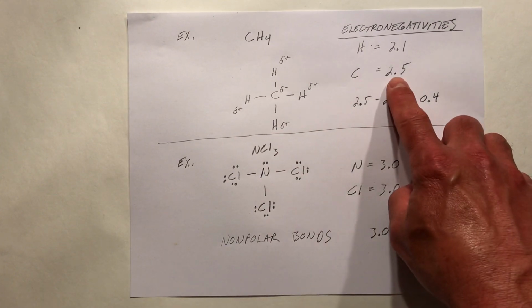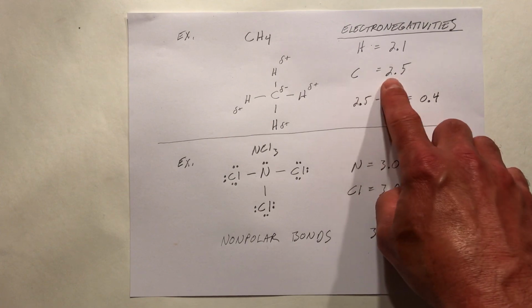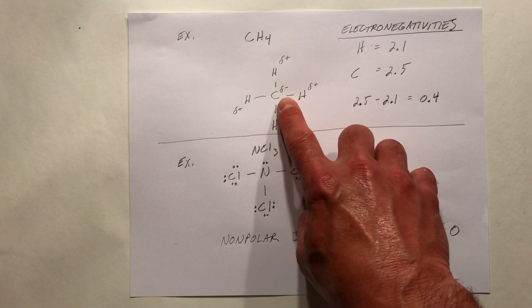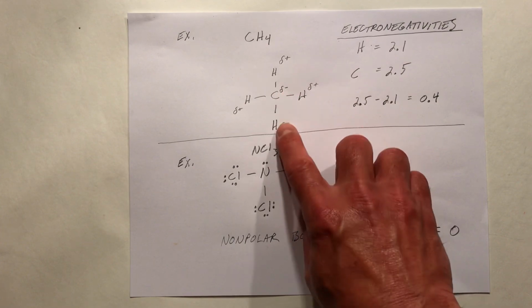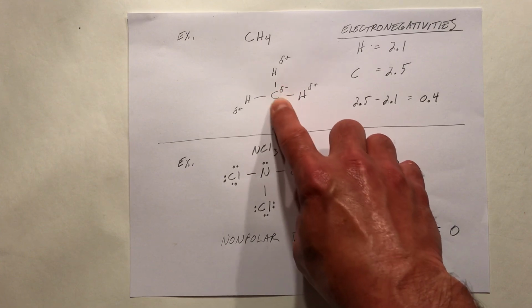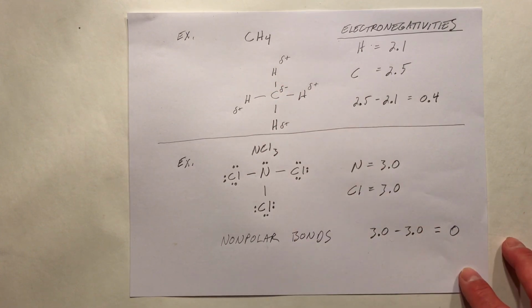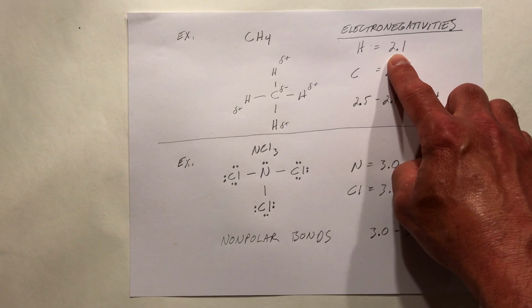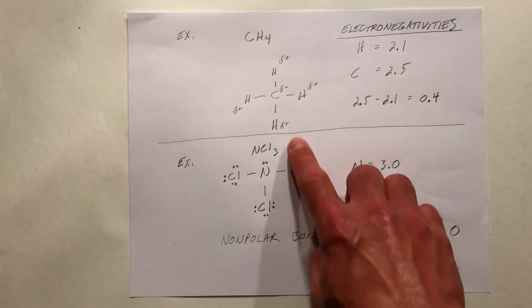And what we do is, for the larger electronegativity value, that would be for carbon, we put a delta minus somewhere in the vicinity of that element. It doesn't have to be in the upper right. It could be on the left, on the top, or the bottom, but somewhere around that element. And then the element with the smaller electronegativity, in this case hydrogen, gets the delta plus.